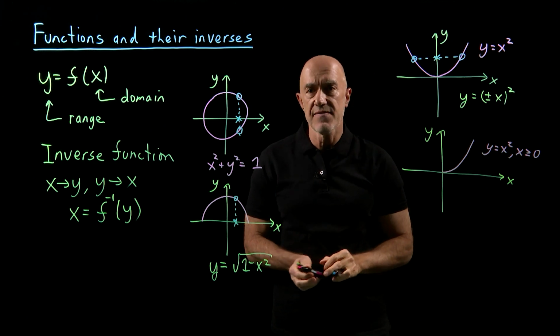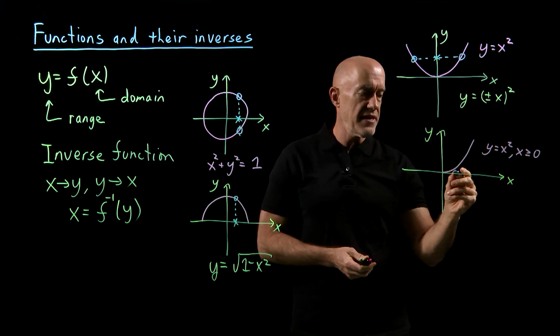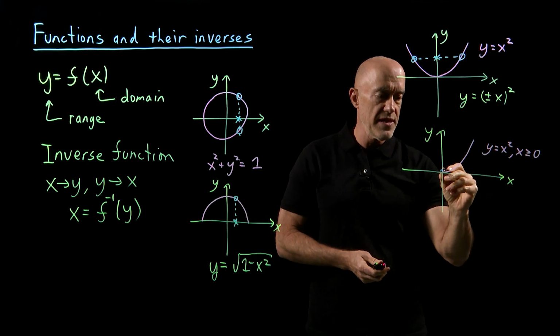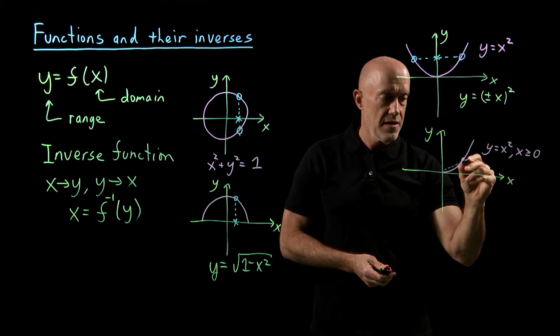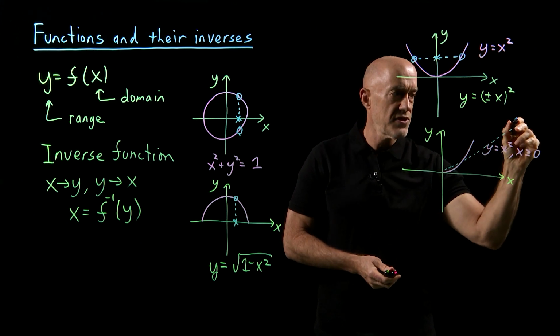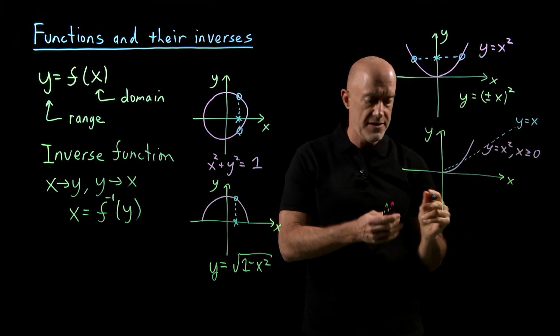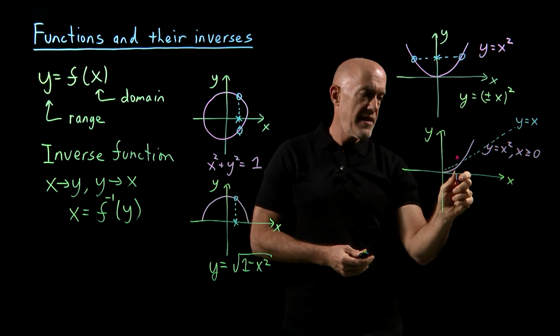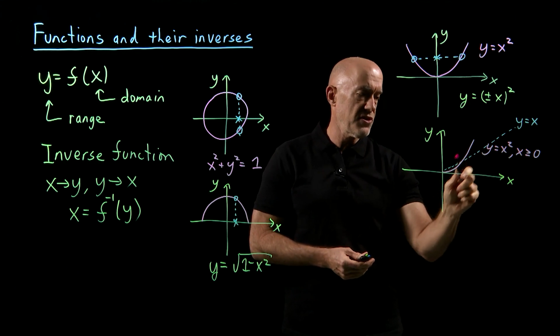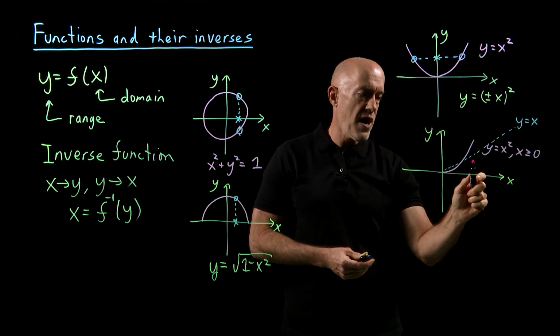This function has an inverse then. We can calculate the inverse. One way of doing that is to draw the line that looks like this, which is y is equal to x, and then take the mirror image of this function around the y equals x line.